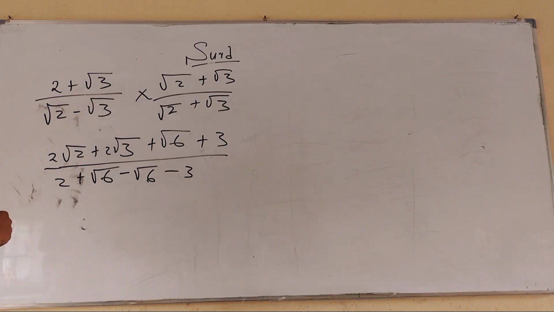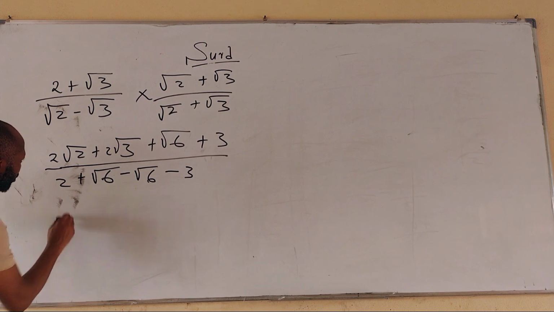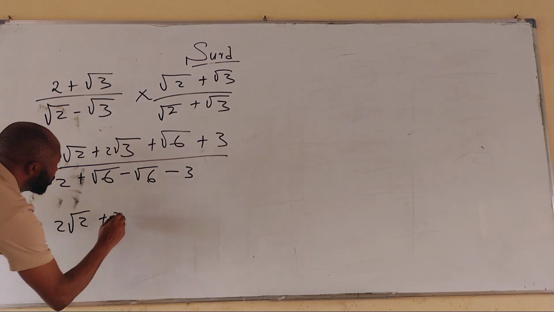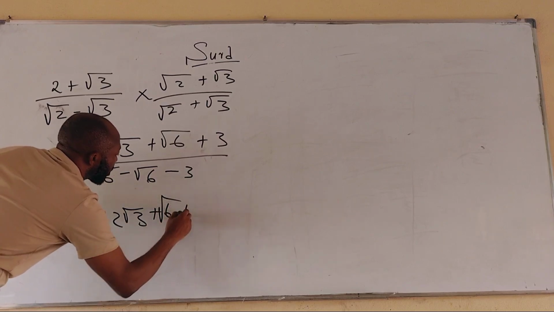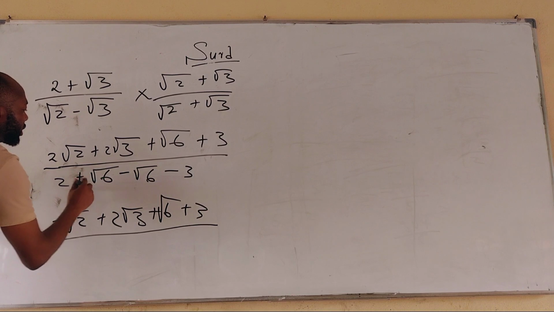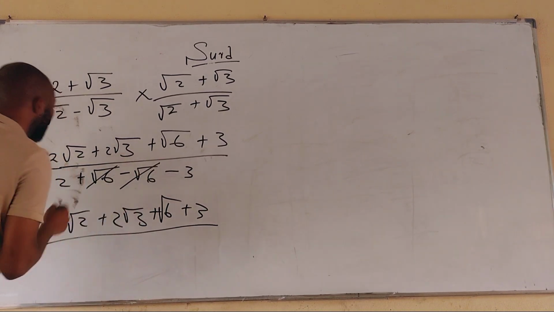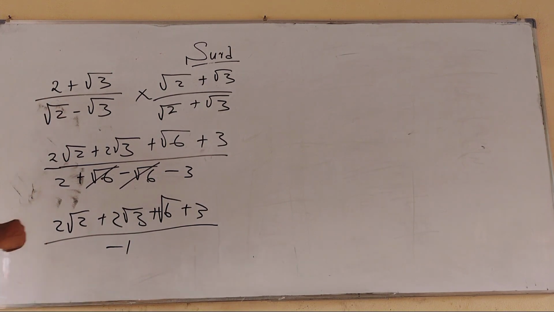Okay, let us move. Now I have 2 root 2 plus 2 root 3 plus root 6 plus 3, all over, these two will cancel out to become 0. 2 minus 3 is minus 1.